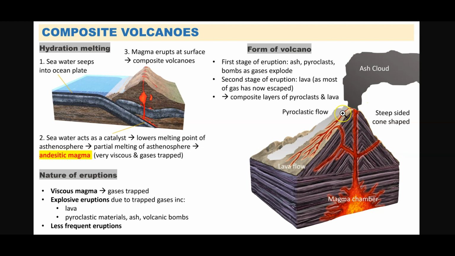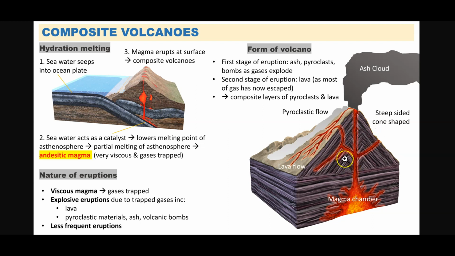That's the stage of the eruption whenever there's still a lot of gas in it and it's erupting out in a very, very explosive manner. Then the second stage is lava, as the gas has now escaped. So that's going to give you composite layers. It's composed of different layers of some of the pyroclasts and ash, and then lava on top. Then the next eruption, pyroclasts and ash and lava on top. And it builds up and up and up over time with those alternating layers.